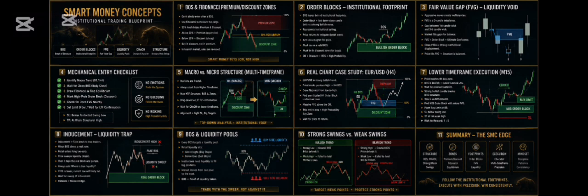A fair value gap resting right above or inside an order block is the ultimate confluence. This structural pocket is where institutional orders are waiting to get triggered into play.